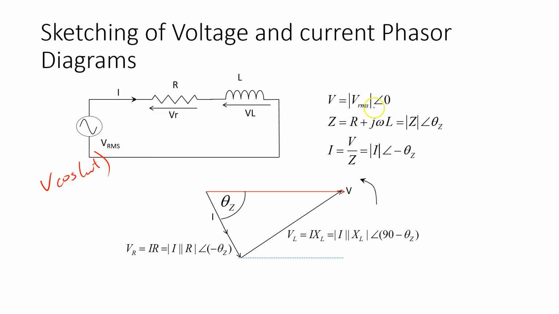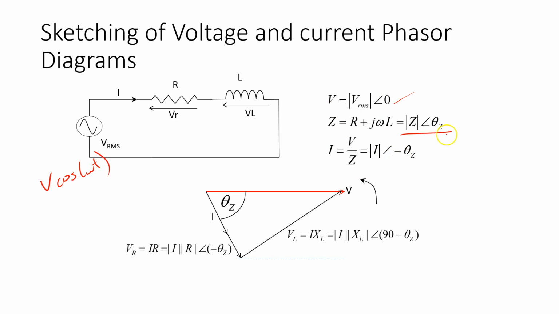I can represent that as VRMS angle 0. If I have R and L, then I know the phasor impedance is R plus j omega L, which is ZR plus ZL, which is some Z angle theta Z. And then I can find the current by simply V on Z, which is I angle minus theta Z.